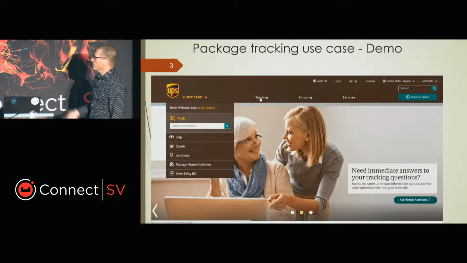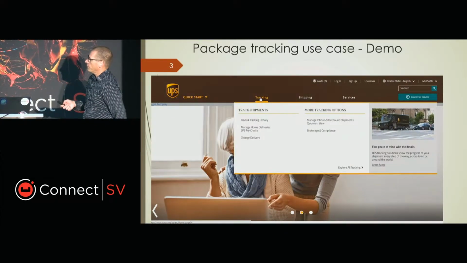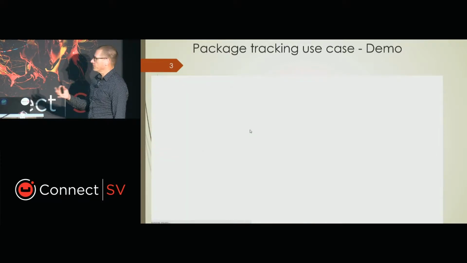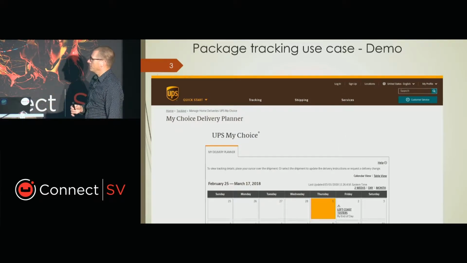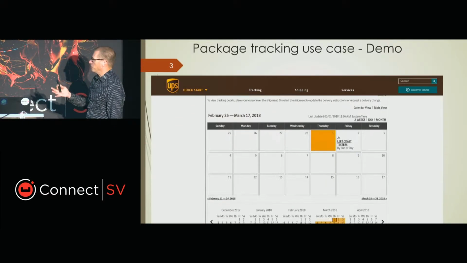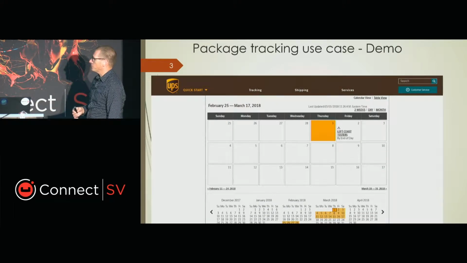So this is using what's called My Profile or My Choice. We're tracking a package. After you've logged in, it'll bring up your shipments and put them in a calendar view for you, which is coming up now. This is a demo, a dummy shipment that was thrown into the system for us.